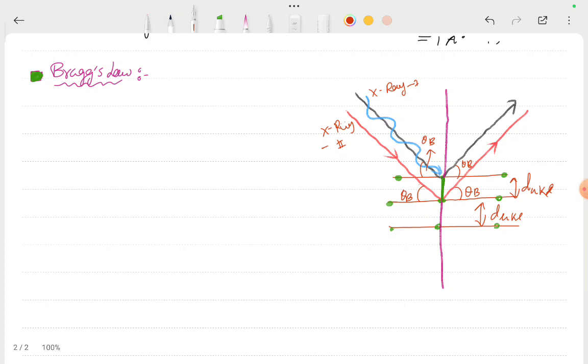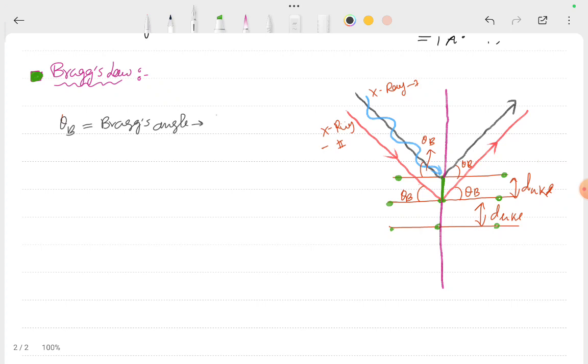Here I just write down all the parameters. Theta B is the Bragg angle.